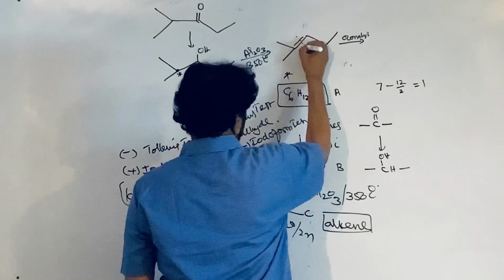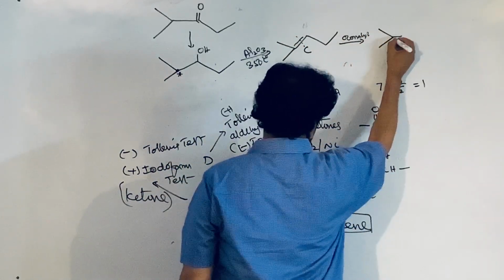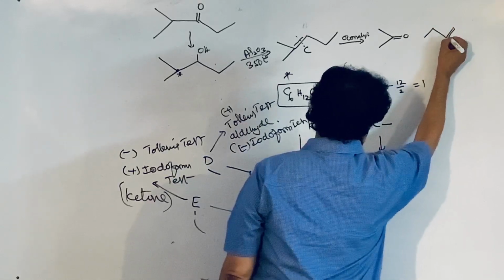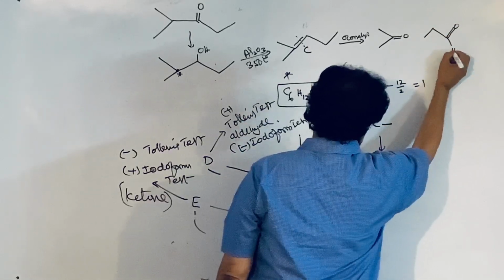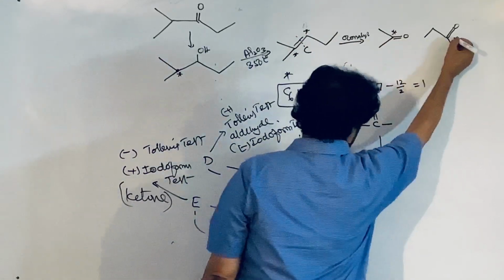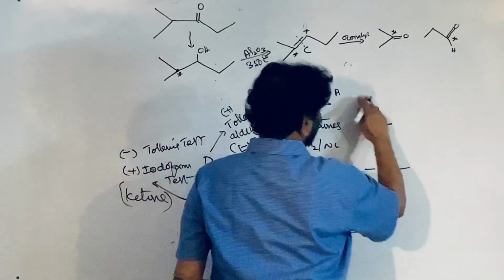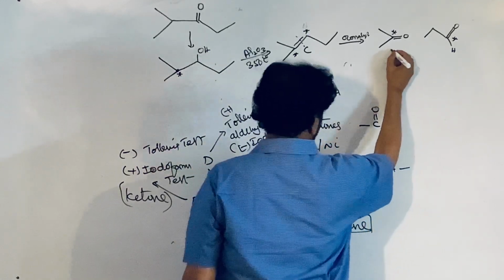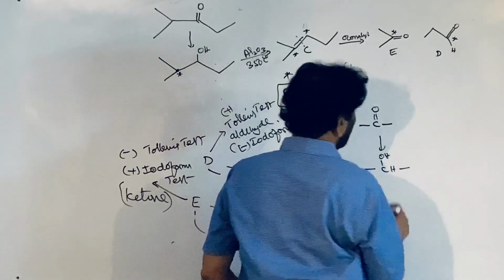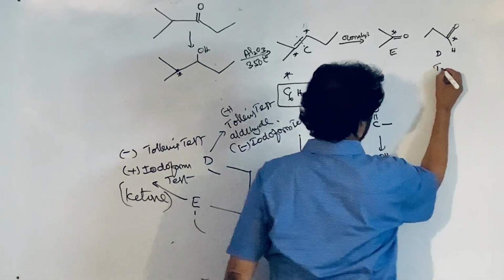Cutting. This is the acetone, and this is propanaldehyde, star carbon versus star carbon. This is E. This is D. This gives the Tollens test.